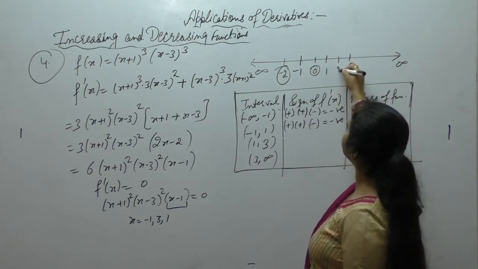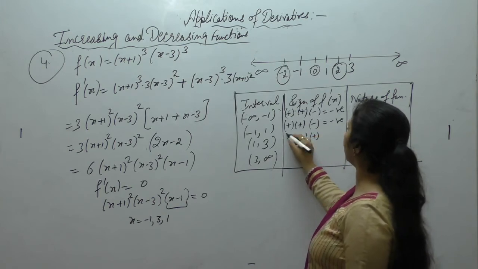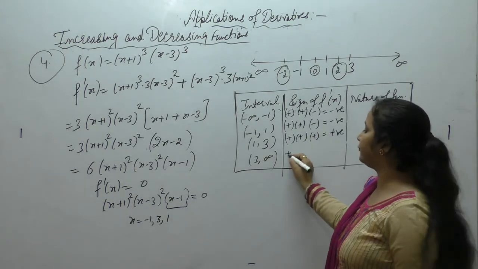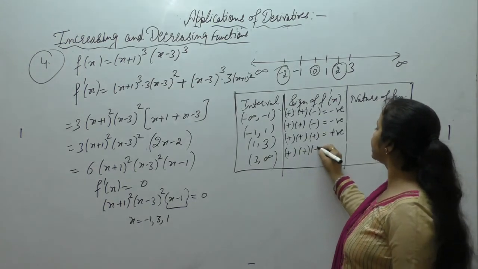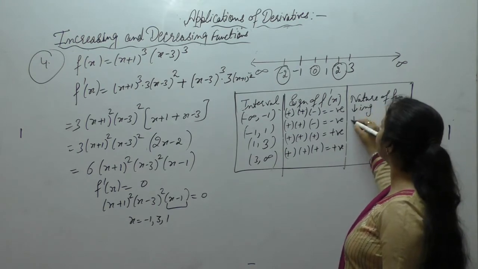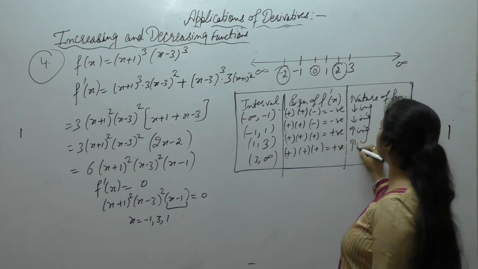1 to 3, let the number be 2. 2 minus 1 positive. Whole square will always be positive. 3 to infinity, let the number be 4. 4 minus 1 positive. So decreasing for negative and increasing for positive.